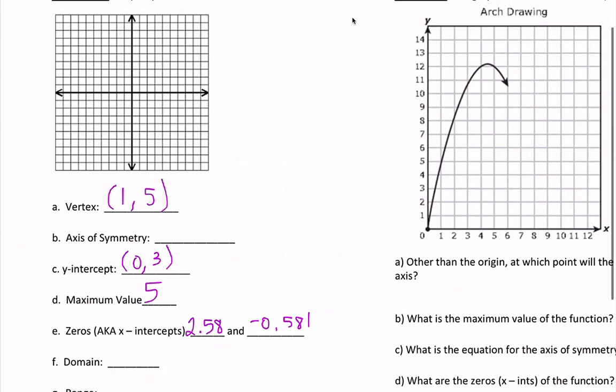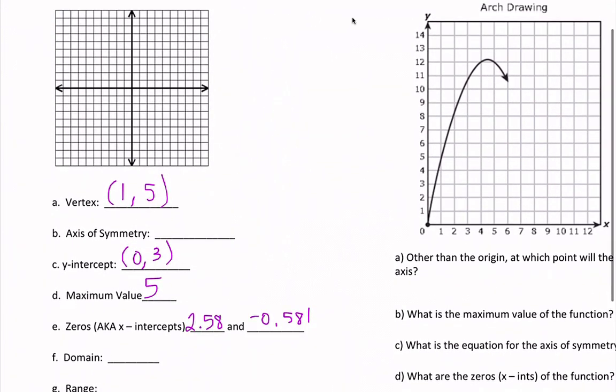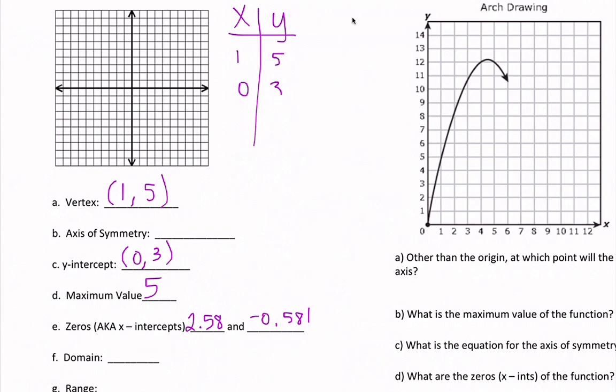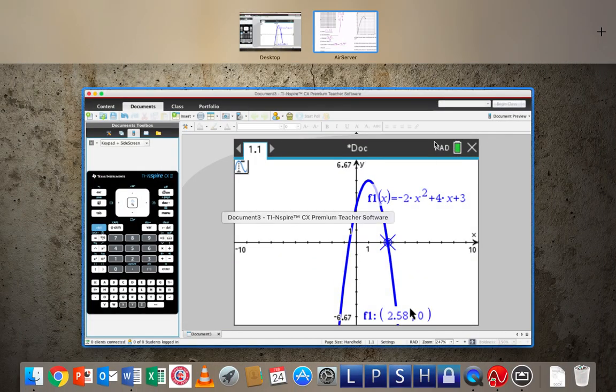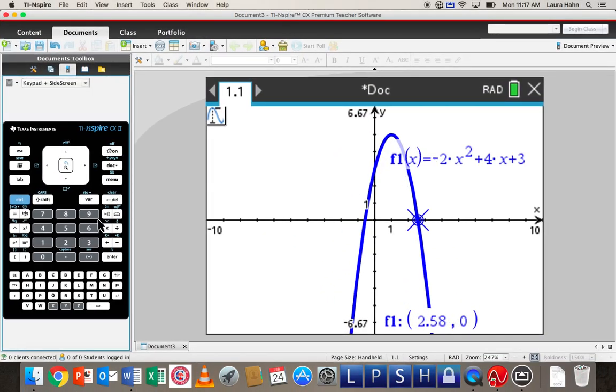So I want to put it on my graph, so I'm going to make my table. We already have 2 good points, the vertex and the y-intercept. So remember, you have to have at least 3, but I like 5. So what I'm going to do is go back here and open my table.